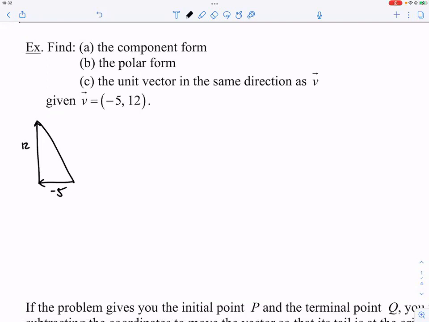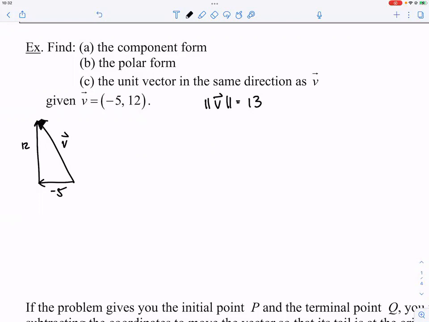And this is one of the Pythagorean triples that you should know. What is the magnitude of the vector v? The magnitude of vector v should be 13. So that would be your little r, the radius. This is your actual vector v right here.